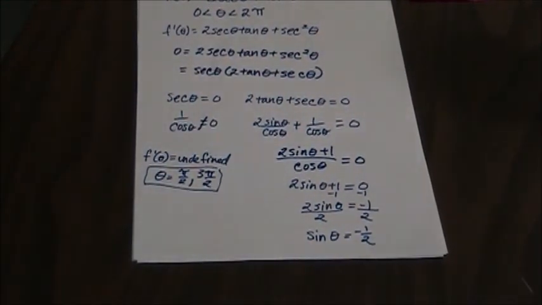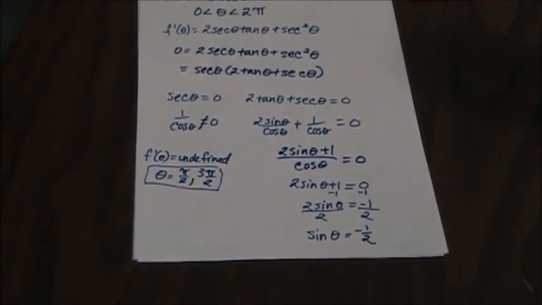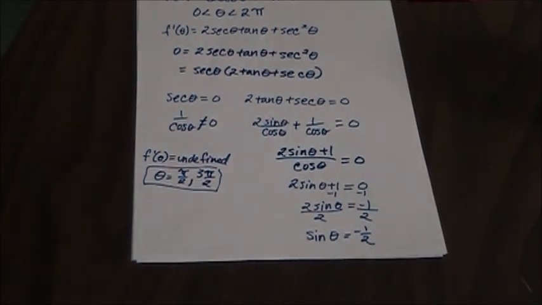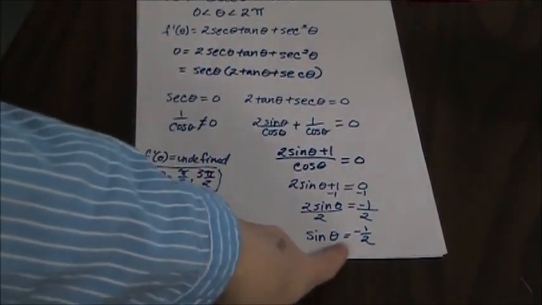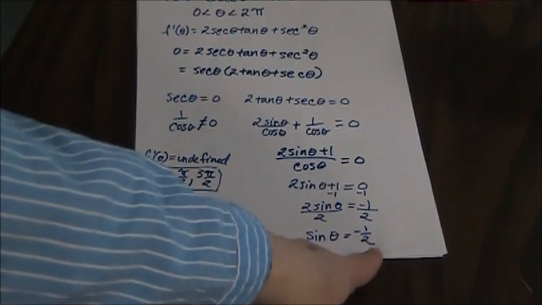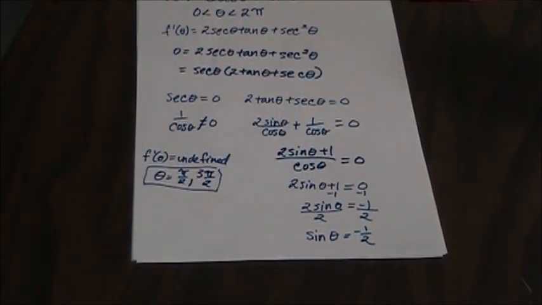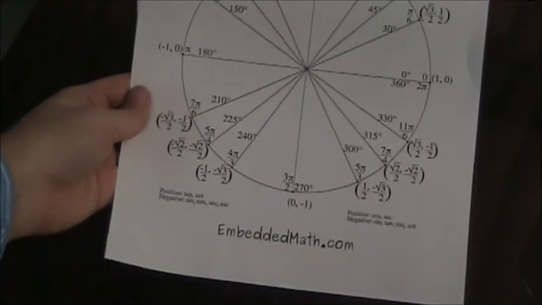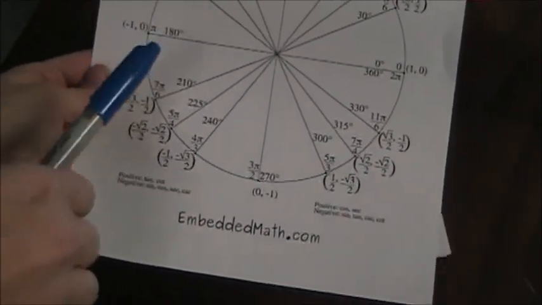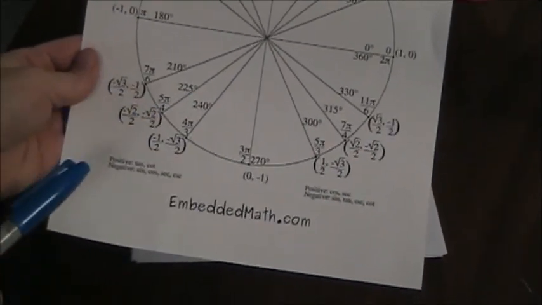So this is the point where you really need to be familiar with your unit circle. On the unit circle, sine corresponds with y values. And if I'm trying to figure out what angle measure, the theta, would give me sine of theta equal to negative 1/2, what I'm looking for is where the y is negative 1/2 on the unit circle. So if I look at my unit circle, what I have below the x-axis is my negative y values.